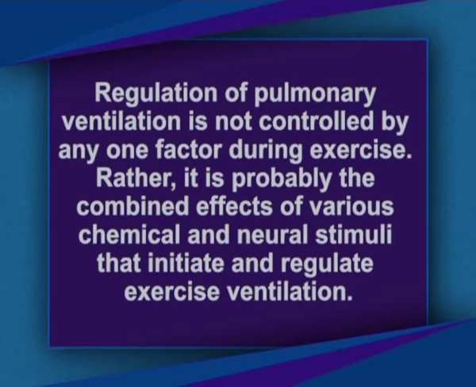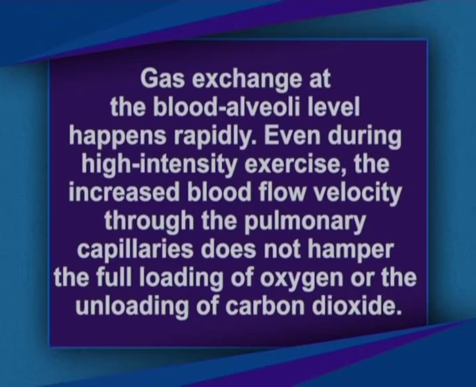Rather, it is probably the combined effects of various chemical and neural stimuli that initiate and regulate exercise ventilation. Gas exchange at the blood alveoli level happens rapidly. Even during high intensity exercise, the increased blood flow velocity through the pulmonary capillaries does not hamper the full loading of oxygen or unloading of carbon dioxide.